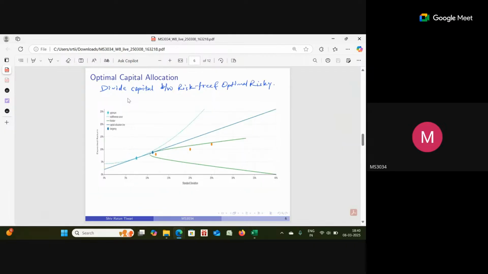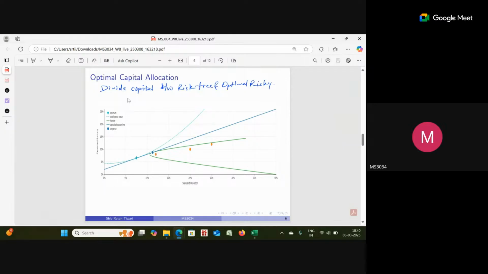So now, once we have found this optimal risky portfolio, coming from combining risky assets, the other one is your risk-free asset. As we discussed at the start of today's session, if there is one risky and one risk-free asset, then the risky asset is this optimal risky portfolio, and the risk-free is this one.